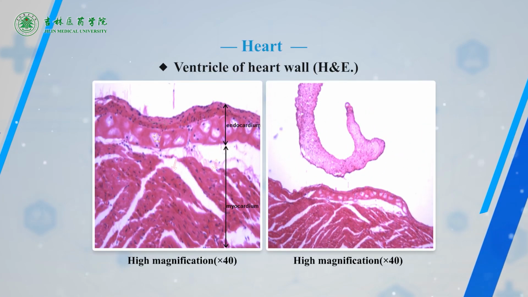The first slide is heart wall, obtained from the section of the ventricle of the heart. In the light micrograph on the left, the uneven surface of the specimen is the endocardium. The thick central part, deeply stained, is the myocardium.